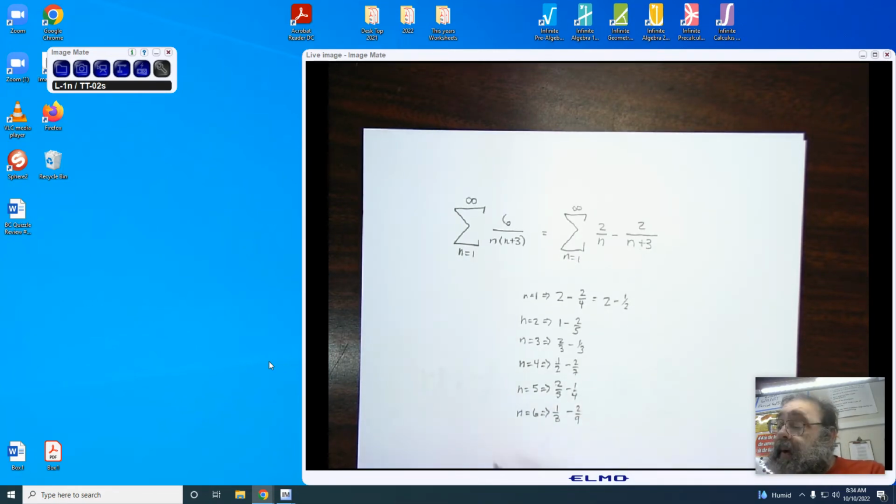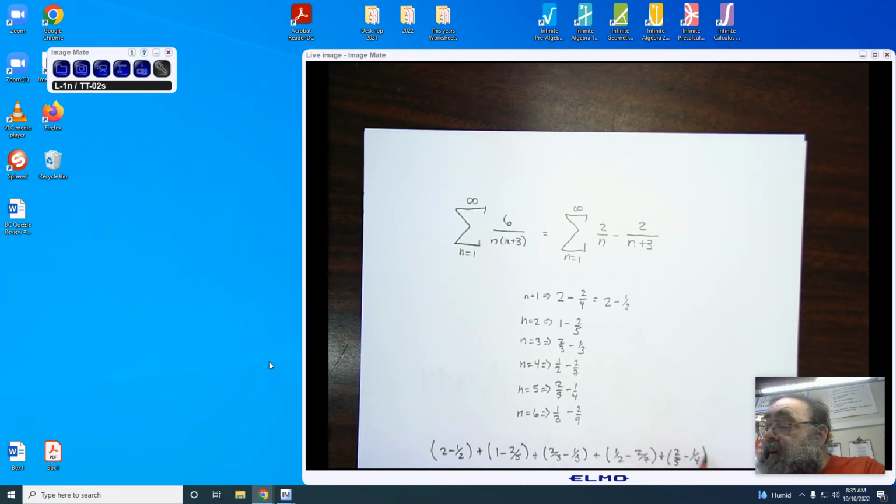Now I'm going to put this together. This series is 2 minus 1/2 plus 1 minus 2/5 plus 2/3 minus 1/3 plus 1/2 minus 2/7 plus 2/5 minus 1/4 plus 1/3 minus 2/9, and this continues infinitely.